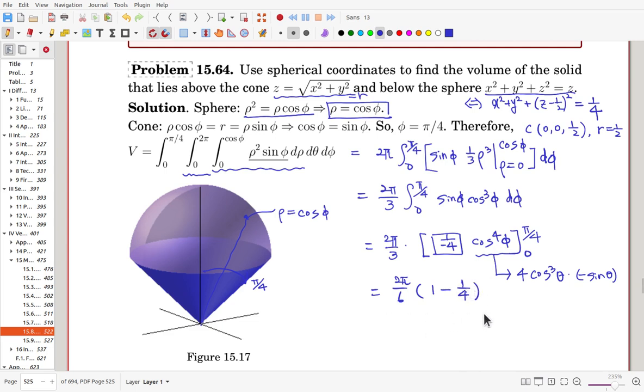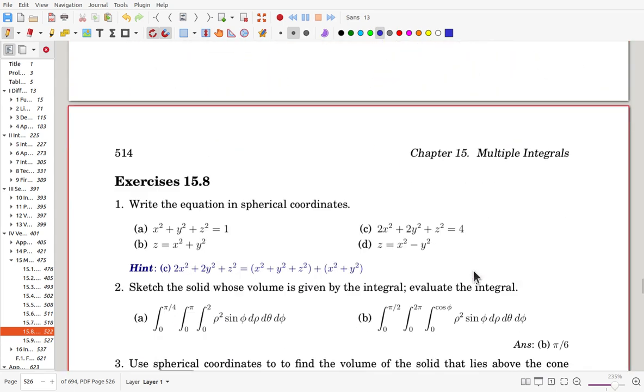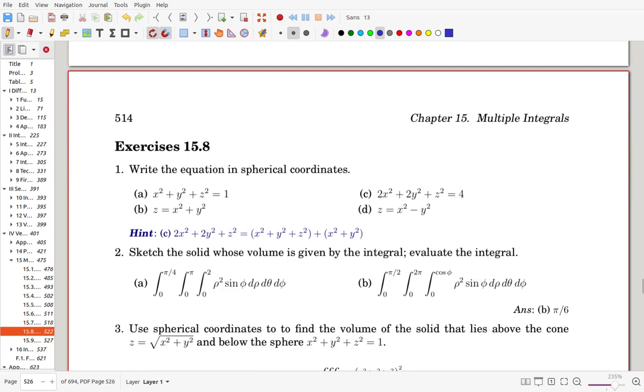Okay, if you simplify this one, the answer must be pi over 8. So that's the final answer. Okay, that's the end of the section. Thank you.